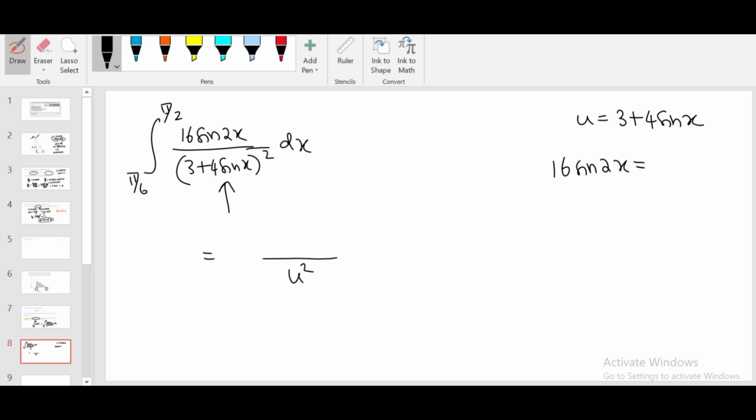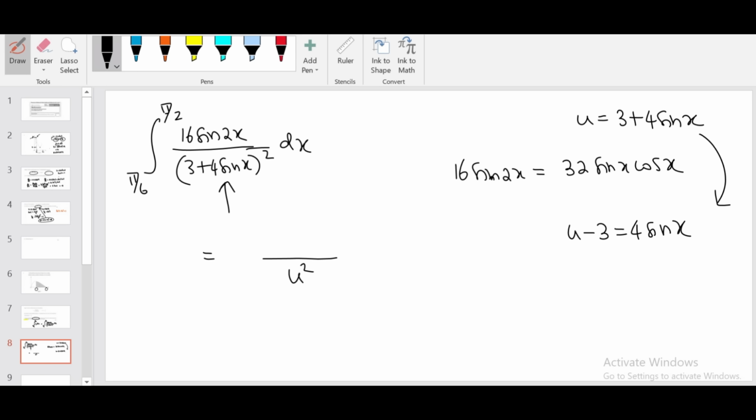Replace sine 2x by 2 sine x cos x, using the double angle formula. So 16 sine 2x becomes 16 times 2, 32 sine x cos x. From here I can write u minus 3 is equal to 4 sine x. If I have 4 sine x, I can replace it with u minus 3.